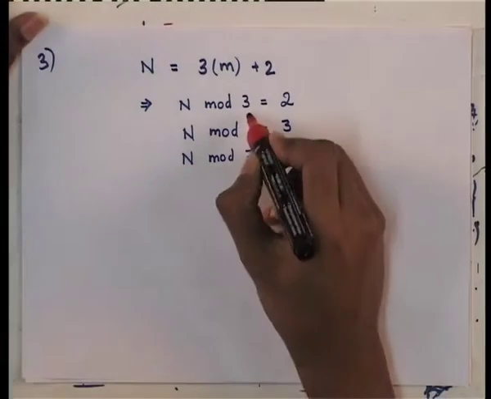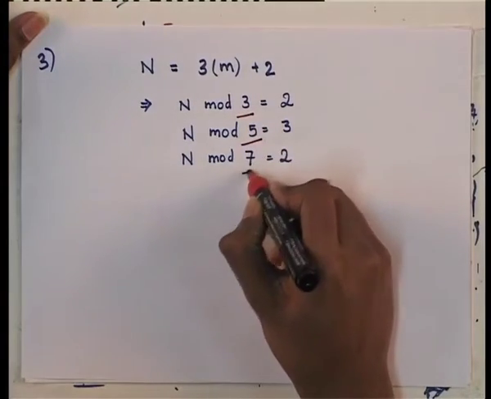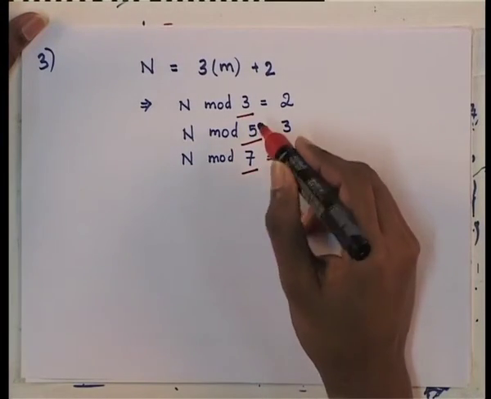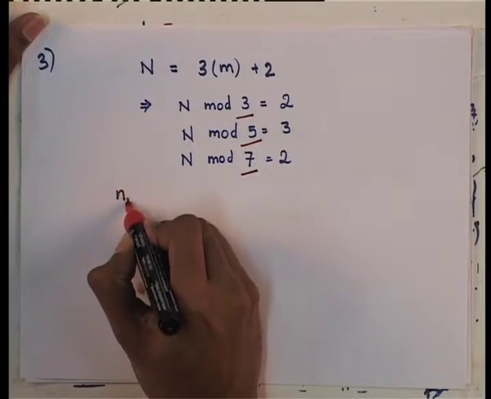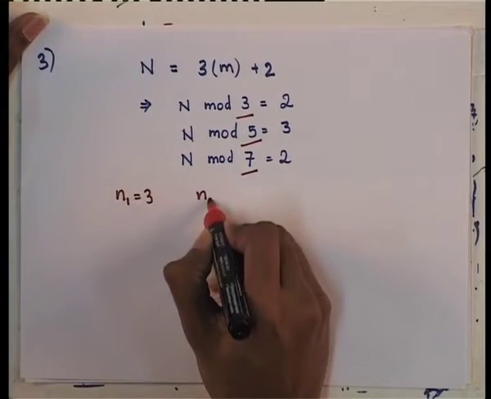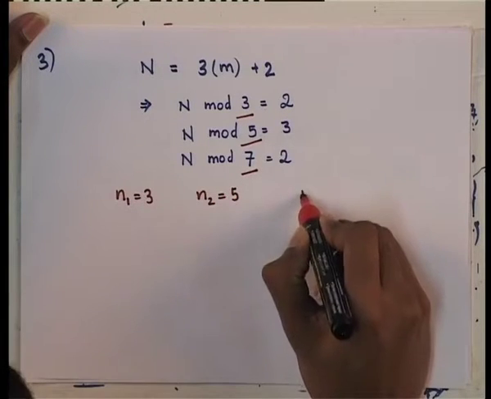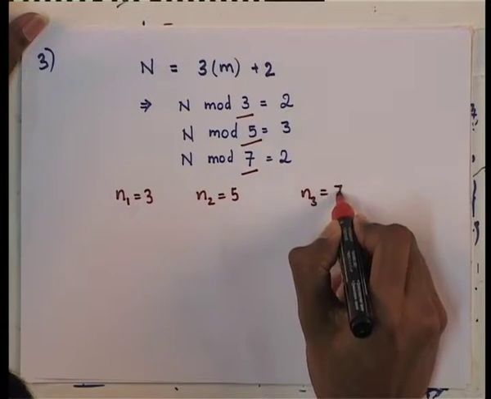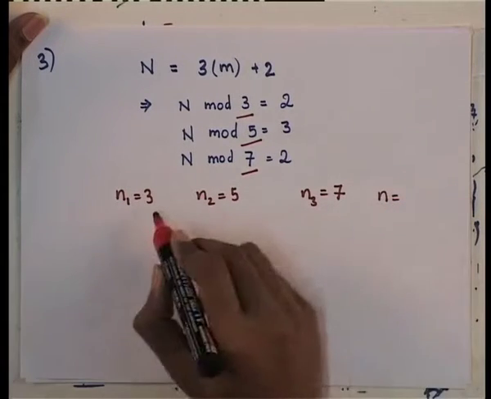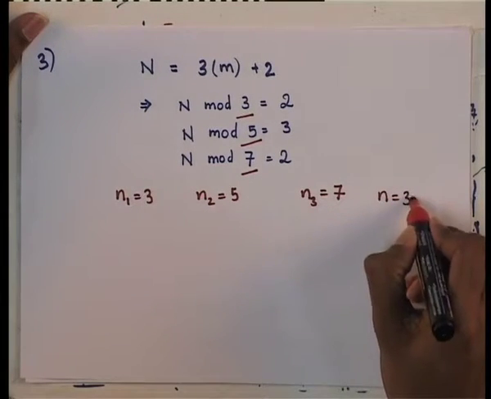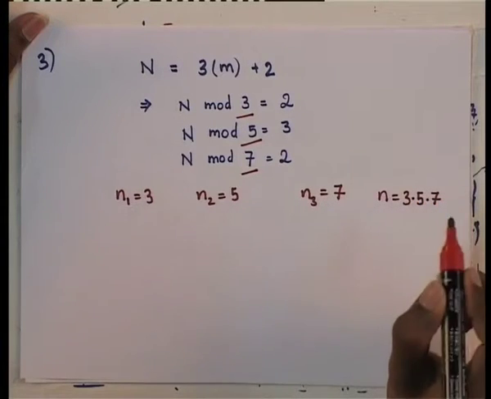We see that 3, 5 and 7 are co-primes to each other. So, consider n1 as 3, n2 as 5 and n3 as 7, and N as the product of these 3 numbers, 3 times 5 times 7.